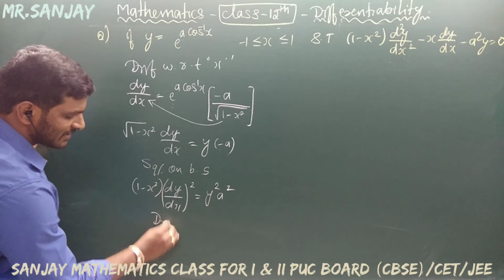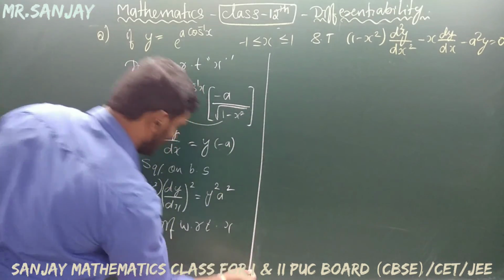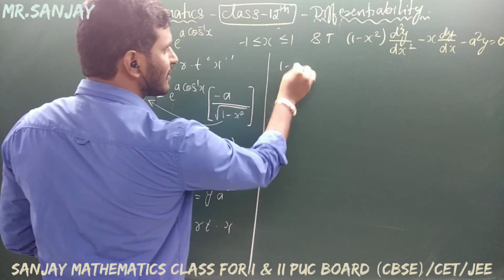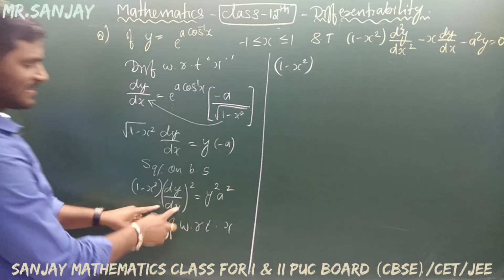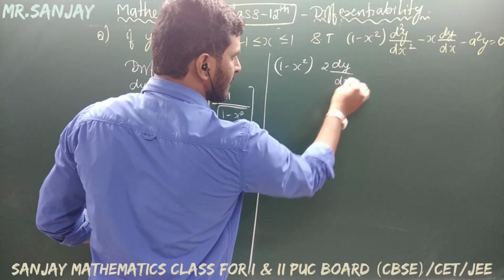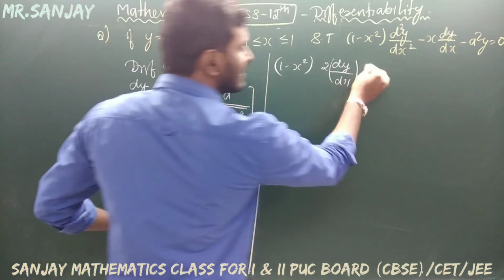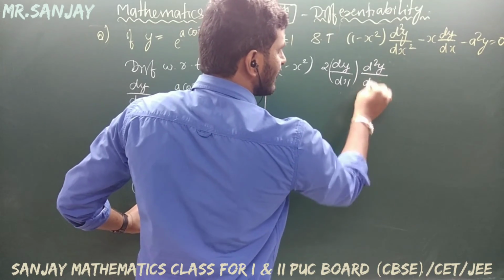Now differentiate the function with respect to x. Hence the first function as it is, 1 minus x square. Differentiate the second function: 2 times dy by dx, into again we have to differentiate this, so there is d square y by dx square.